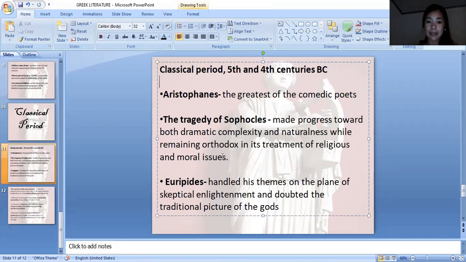Dito yan kay classical. And Euripides handled his themes on the plane of his skeptical enlightenment and doubted the traditional picture of gods. So siya na may parang iniba niya yung pagkakakilala ng mga writers, ng readers, ng tao about kay God. So meron siyang ibang interpretation of God.